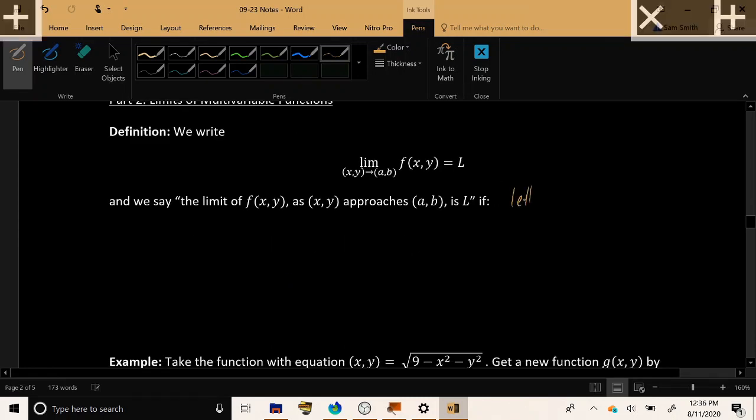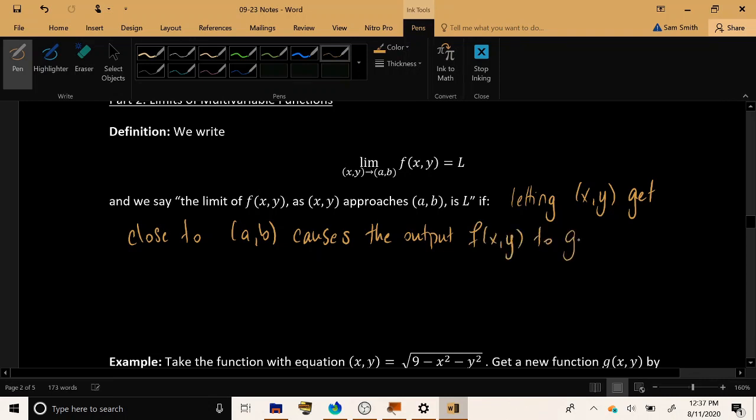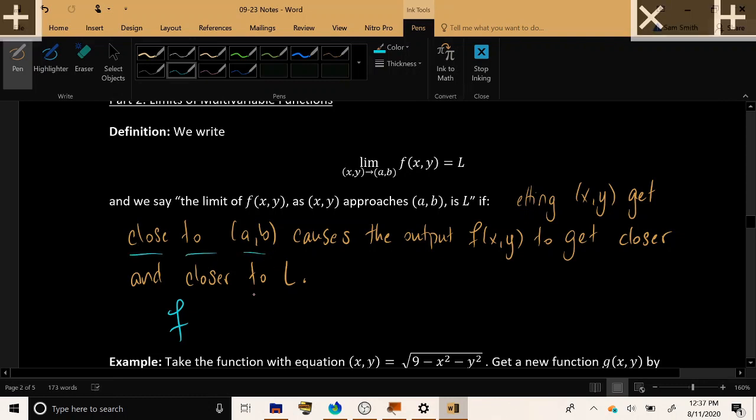If letting the point x y get close to a b causes the output f of x y to get closer and closer to the output L. Now, one of the essential things about limits is that all that matters is what's happening close to the point a b, in the neighborhood, in the vicinity around a b.